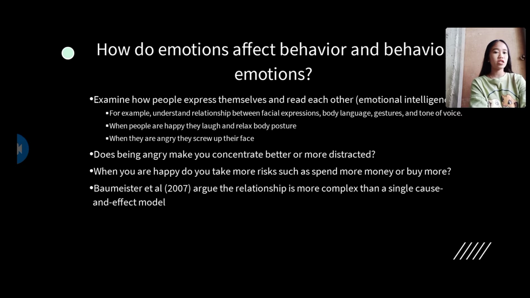When they are angry, they screw up their face. Does being angry make you concentrate better or become more distracted? When you are happy, do you take more risks, such as spending or buying more? According to Baumeister et al. 2007, the relationship is more complex than a single cause and effect model.